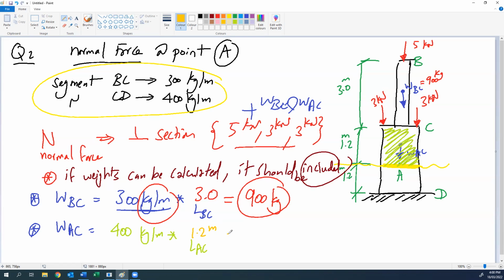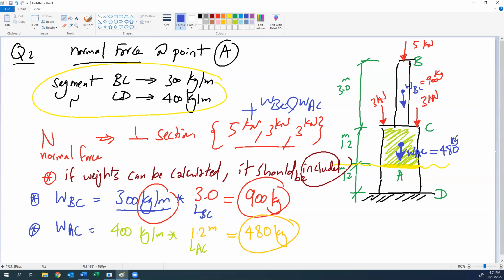This will give us the result as 480 kilogram. So the weight of member AC is equal to 480 kilogram.